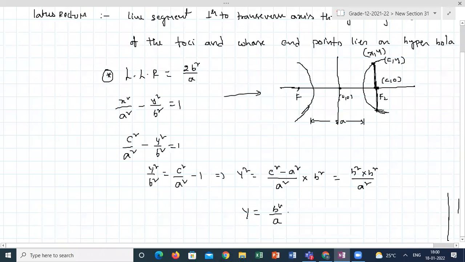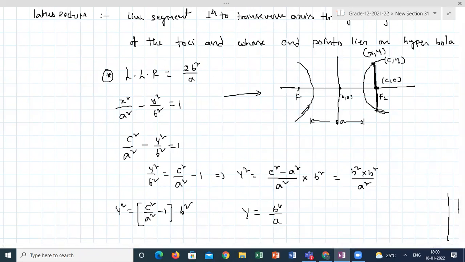I didn't get it: after taking b square to that side, y square equals c square b square upon a square, and then minus b square as a separate term. You're multiplying with this one inside. Yes, sir. Okay. Anyway, finally I'm getting y is equal to b square by a.